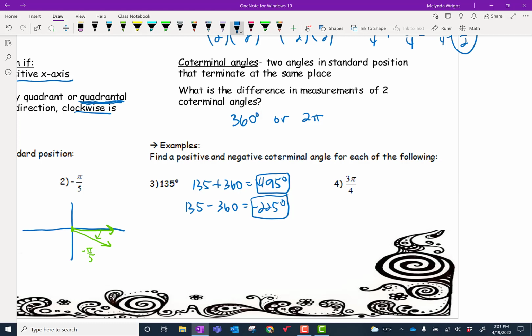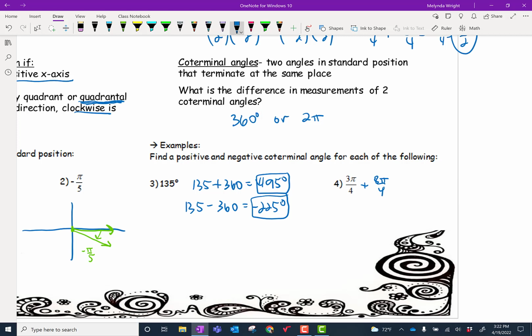So if I add 2 pi to 3 pi over 4, I want to add 2 pi. But I can't add them unless they have a common denominator. So instead of adding 2 pi, I've got to add 8 pi over 4, right? Because 8 pi over 4 reduces to 2 pi, but now I've got the same denominator, so we can actually add those.